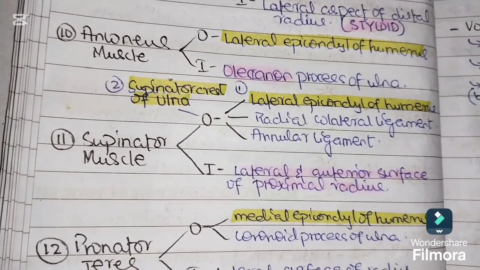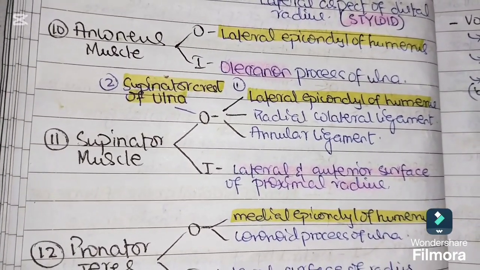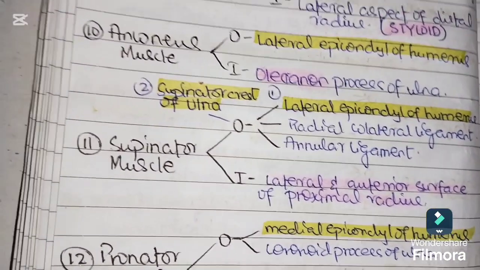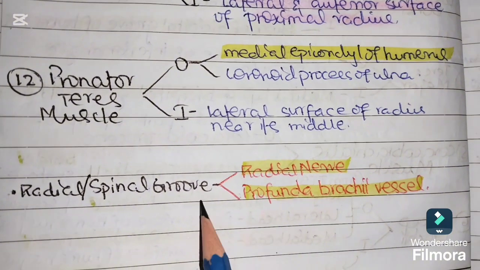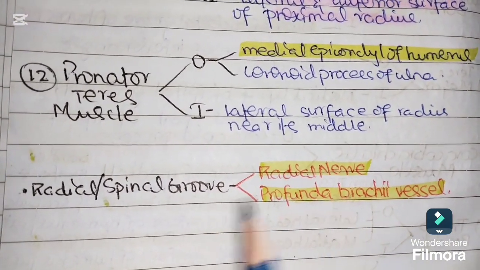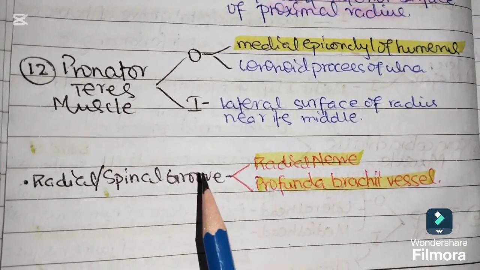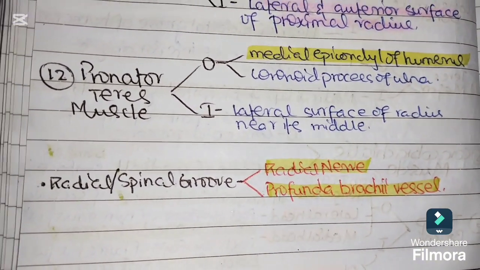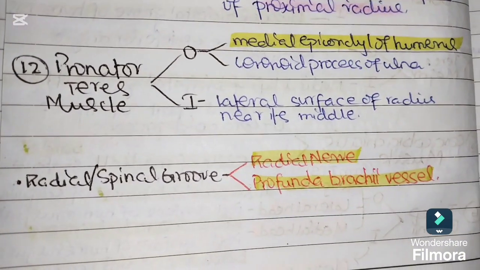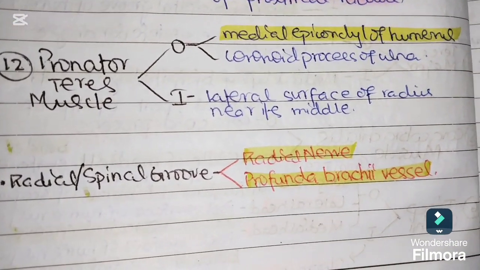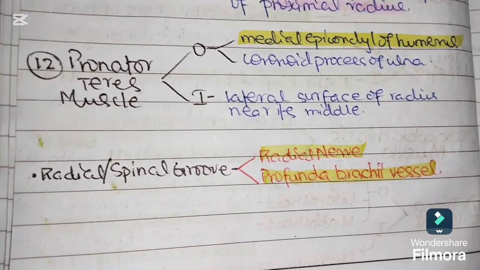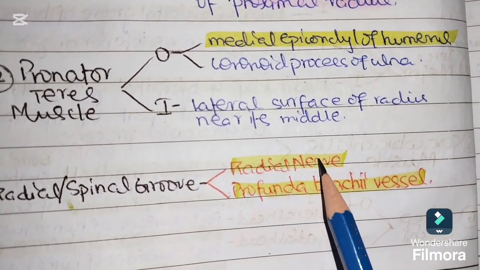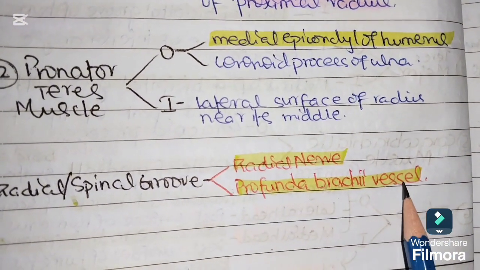Now, you are supposed to keep all these pointers in your mind, especially the ones that are associated with the humerus bone. One more very important point that I'd like to mention here, that the radial groove or the spinal groove, which is present on the posterior surface of the shaft of humerus, is of immense importance because it contains the radial nerve and the profunda brachii vessels.